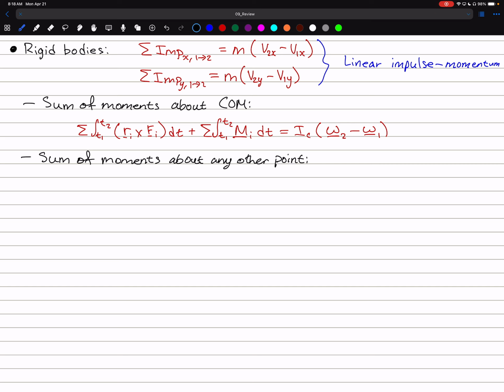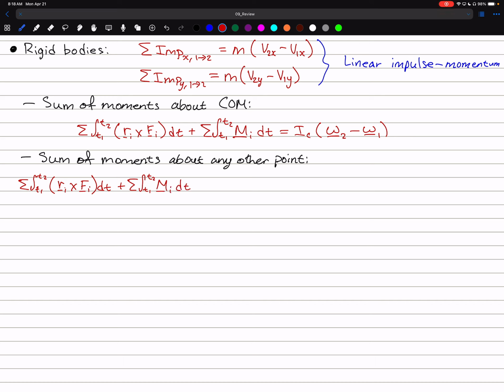We're going to get the sum of the integral from t1 to t2 of Ri crossed with f sub I, where in this case the vector Ri is the position from the point that you're summing moments to the force itself, dt, plus the sum of the integral from t1 to t2 of the moments m sub I dt.